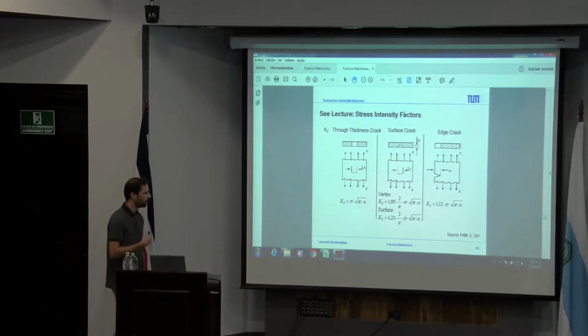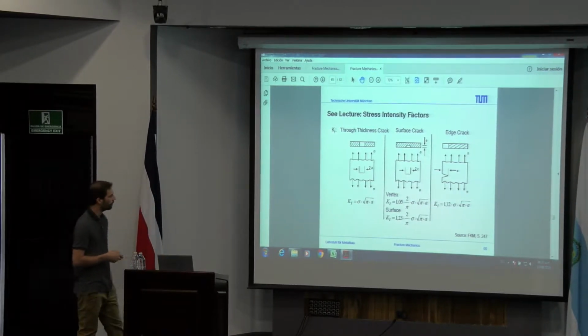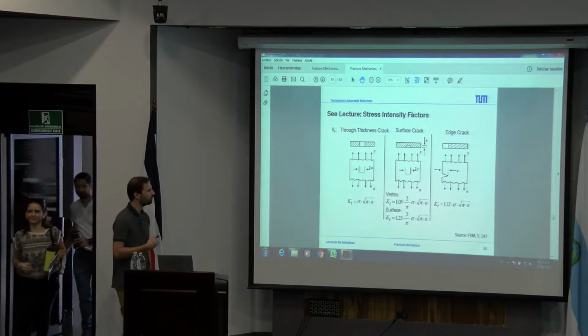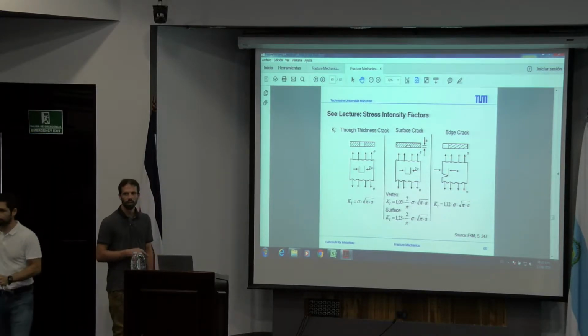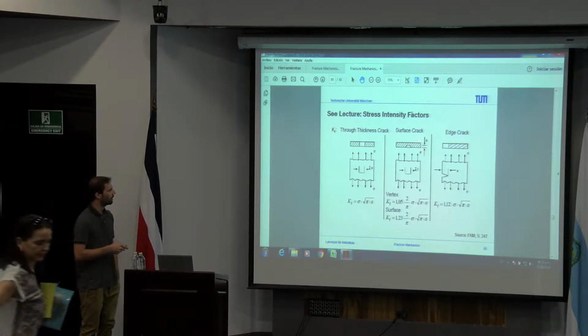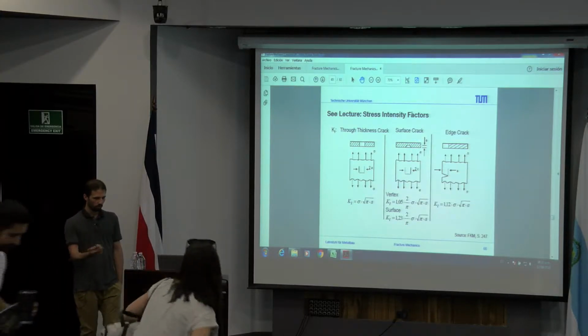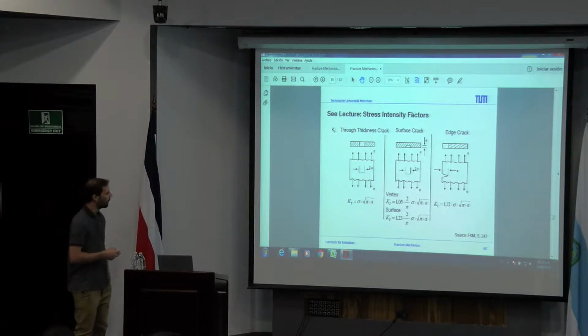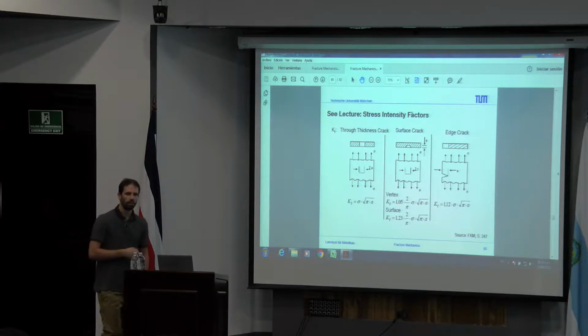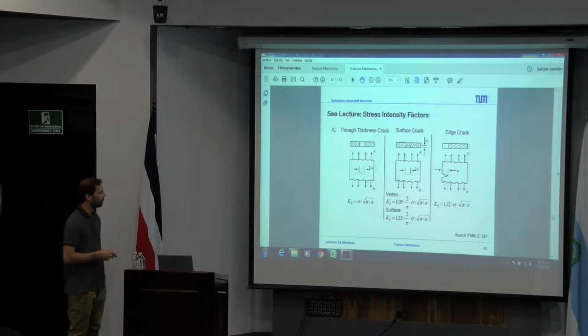And if you go, for example, to more interesting models, for example, a surface crack, you also have to do your analysis, but the analysis is already done by a lot of people. So you can use these analytical models, which you see here.